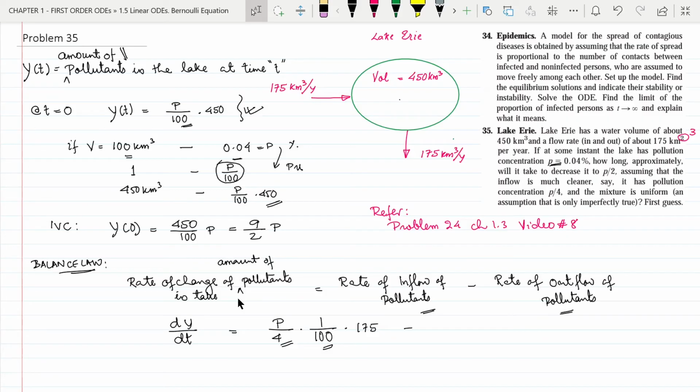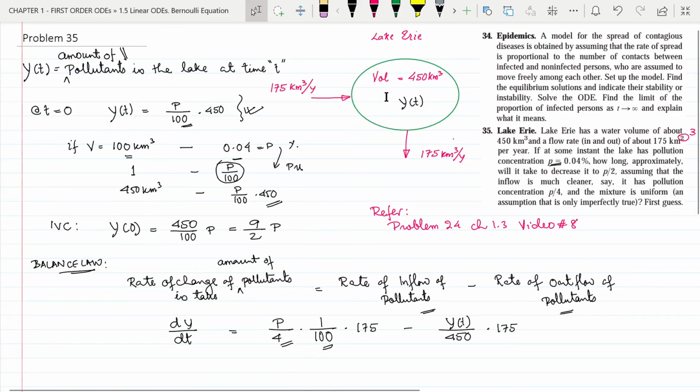We have assumed that Y of t amount of pollutants is present in the lake at any time t. Now this Y of t amount is for 450 km cube. So for 175 km cube, the amount of pollutants will be Y of t divided by 450 multiplied by 175.